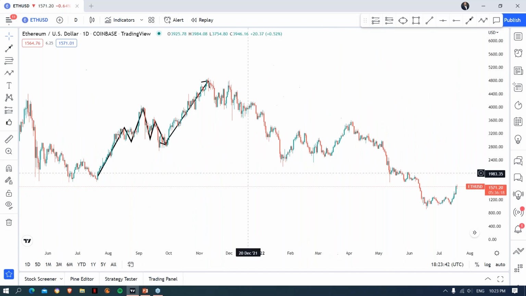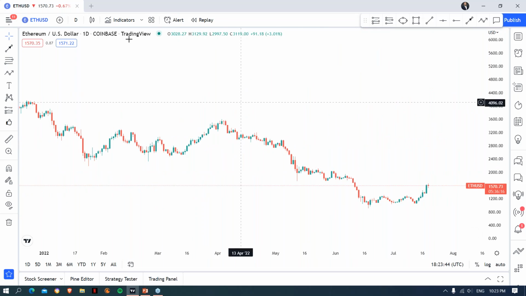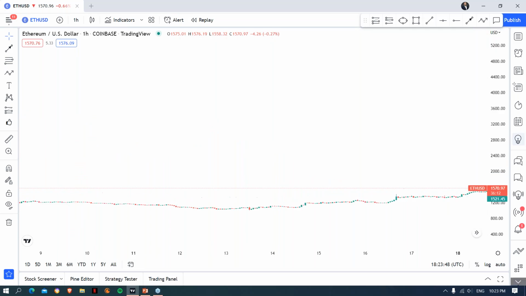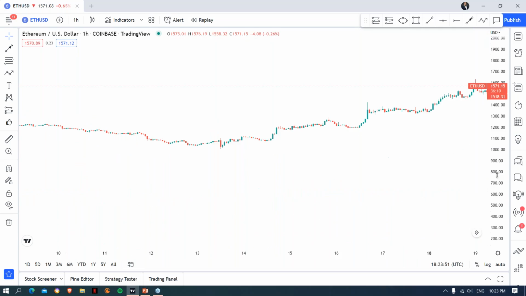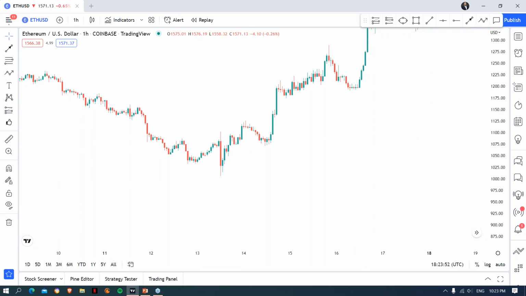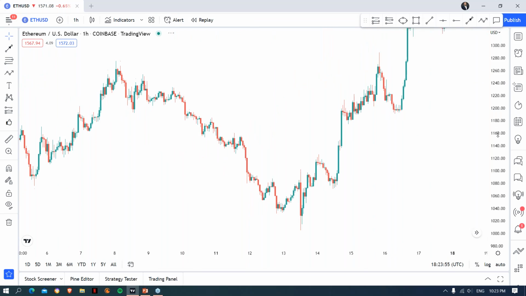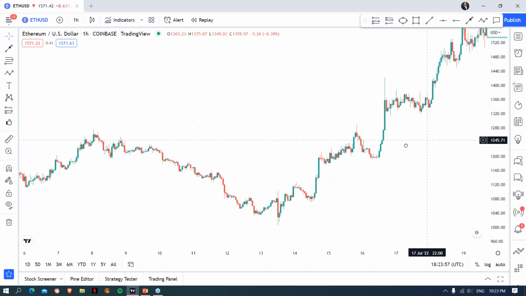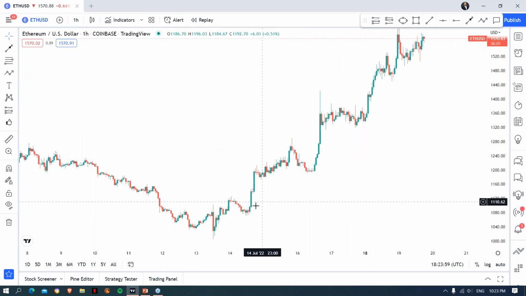Now let's search for some patterns for us. Let's go on another time frame here. There we go. Let's enlarge this. Okay. First thing we look at is this is a falling wedge right here. Sorry, a rising wedge.